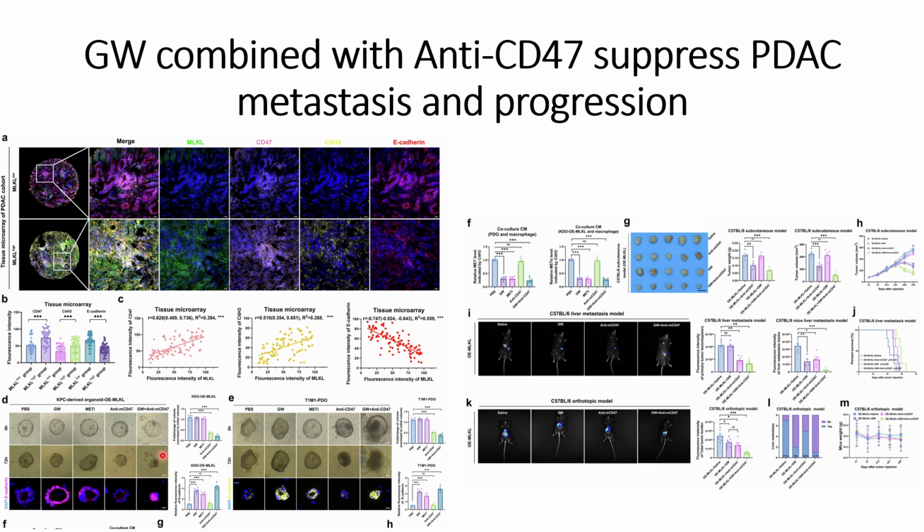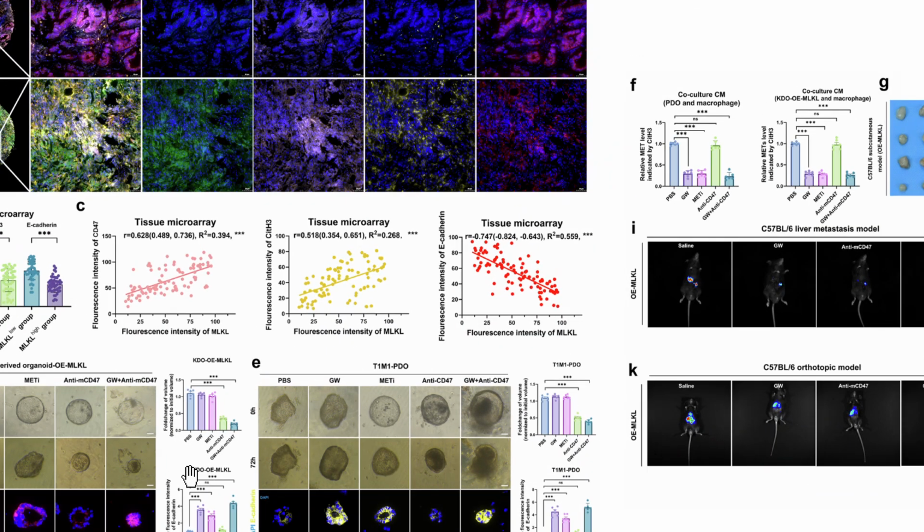And when they use both the MLKL inhibitor and the anti-CD47, they see a further reduction in organoid volume, and the quantifications shown on the right-hand side show that the volume goes down to the maximum where GW and anti-CD47 are used.